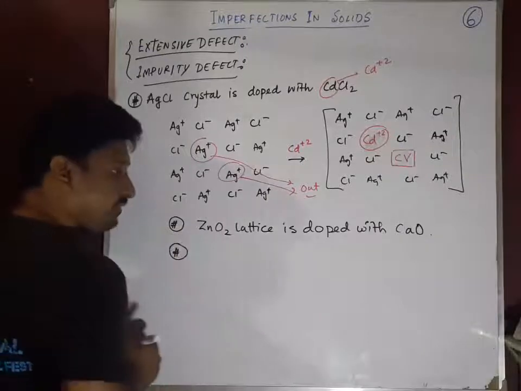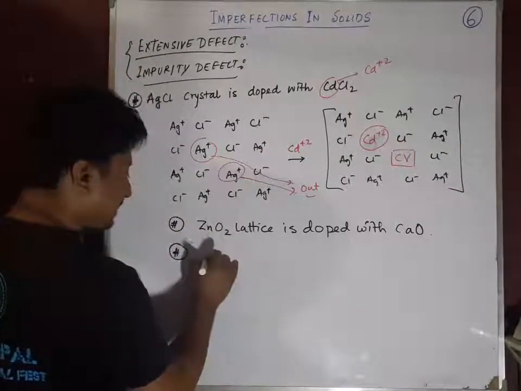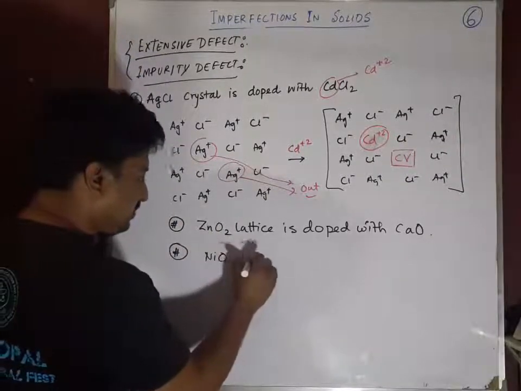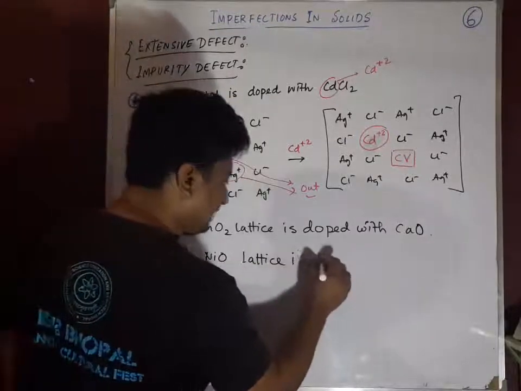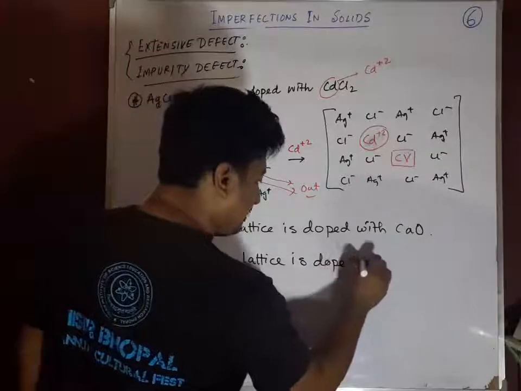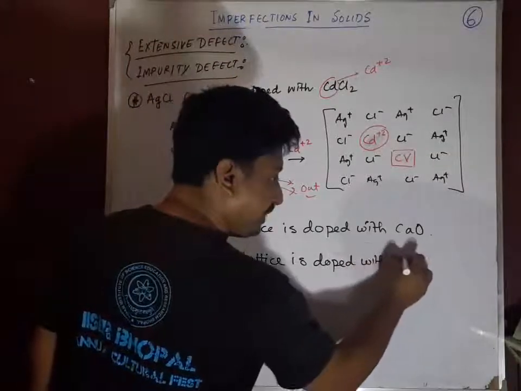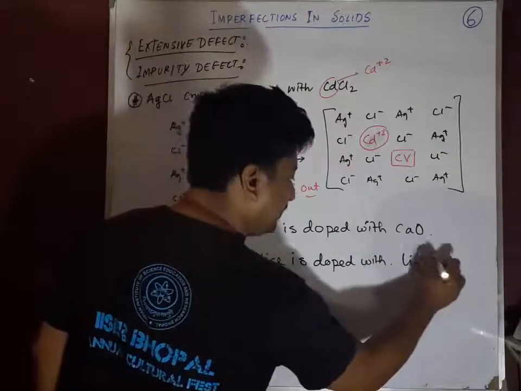And number 3 question: NiO lattice is doped with Li2.